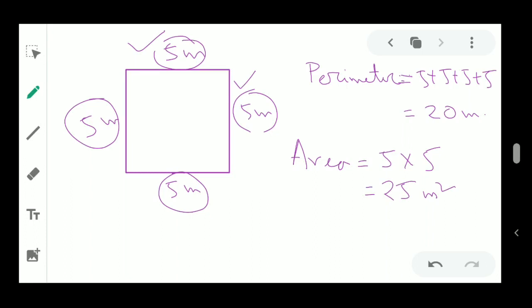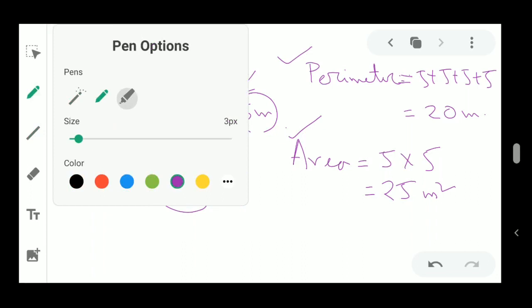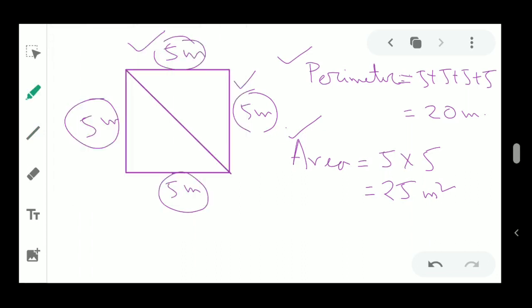Now area for this square I can easily find out like this, and perimeter also I can find out like this. What if I tell you, we know that area means the inside space, right?